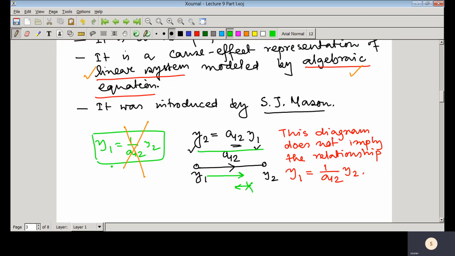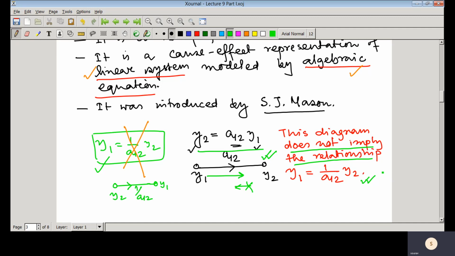So if you go with the representation y1 equal to 1 by a12 into y2, it would imply a signal flowing backward, but this signal flow graph does not imply this relationship. So in a signal flow graph, you should not go with that type of operation, because it is a wrong description of the system.